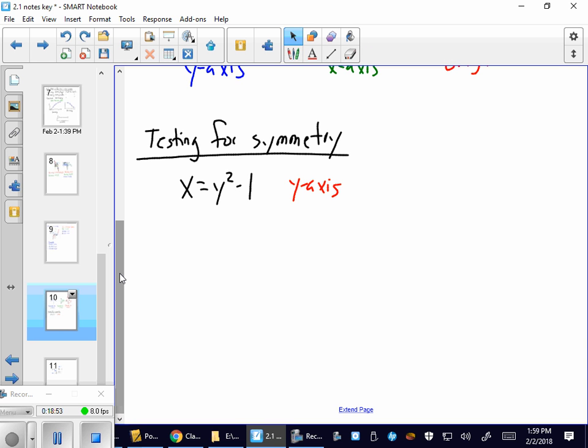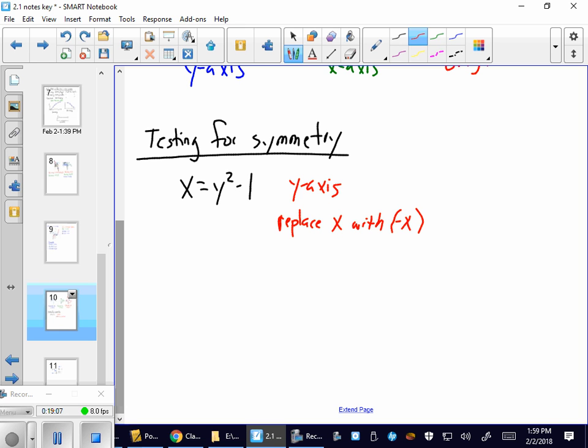If something is symmetric to the y-axis, you're going to replace x with negative x, and then you're going to simplify it. If you get exactly the same thing that you started with, the original equation, then it's symmetric to the y-axis. So let's do a test.